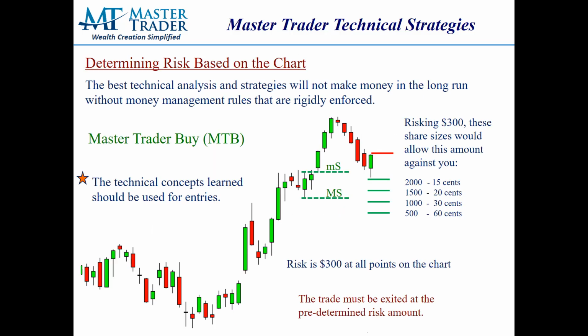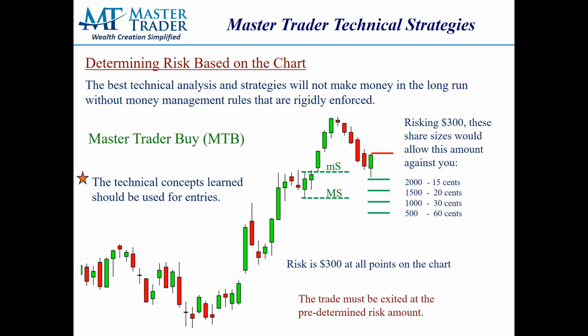We're going to determine risk based on the chart. There are methods which would say, well, I'm only going to risk X amount of dollars per trade, and at least that's a starting point. But some of these methods do not take into consideration the technicals, which for me, the way I approach the market, is kind of like a shot in the dark, whether you'll get lucky or not.